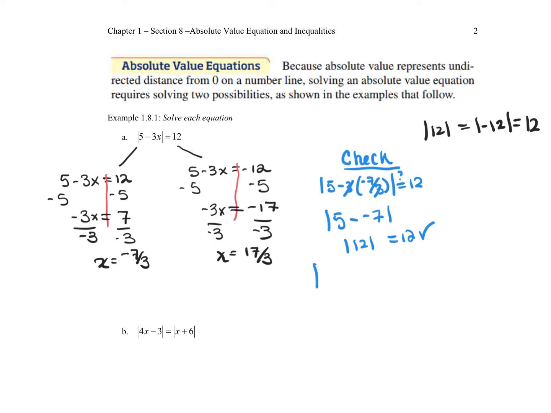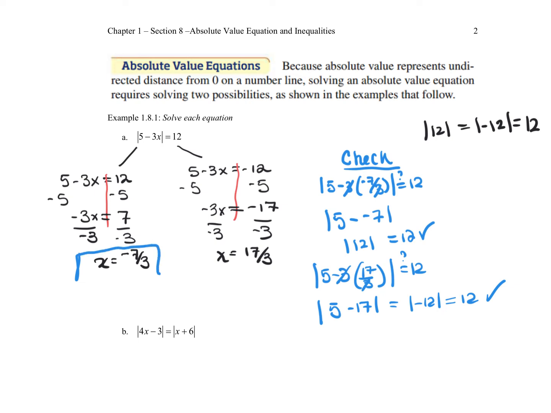Need to check my other one. 5 minus 3 times 17/3 equals 12. The 3's cancel off, so I'm left with 5 minus 17, which equals the absolute value of -12, which does equal 12, so both answers work.